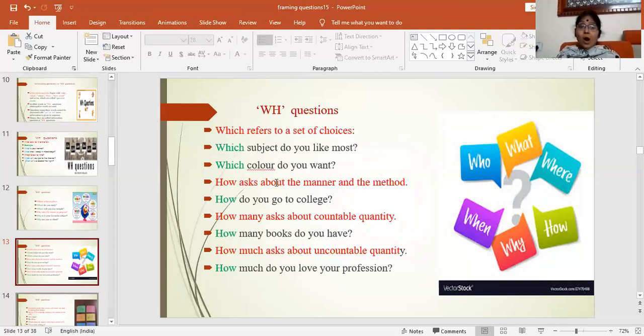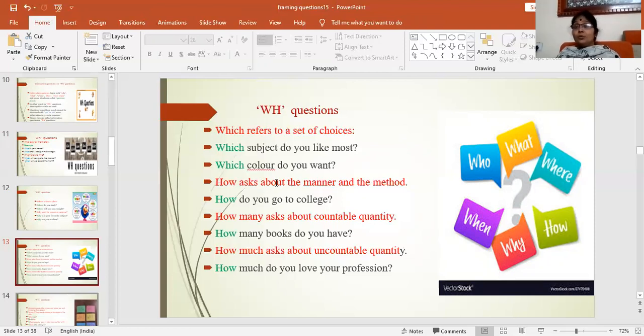Then how many asks about countable quantity. How many books do you have? How many children do you have? How many hours are left? Right? So for countable quantity we use how many. We use how much to talk about uncountable quantity also. How much do you love your profession?